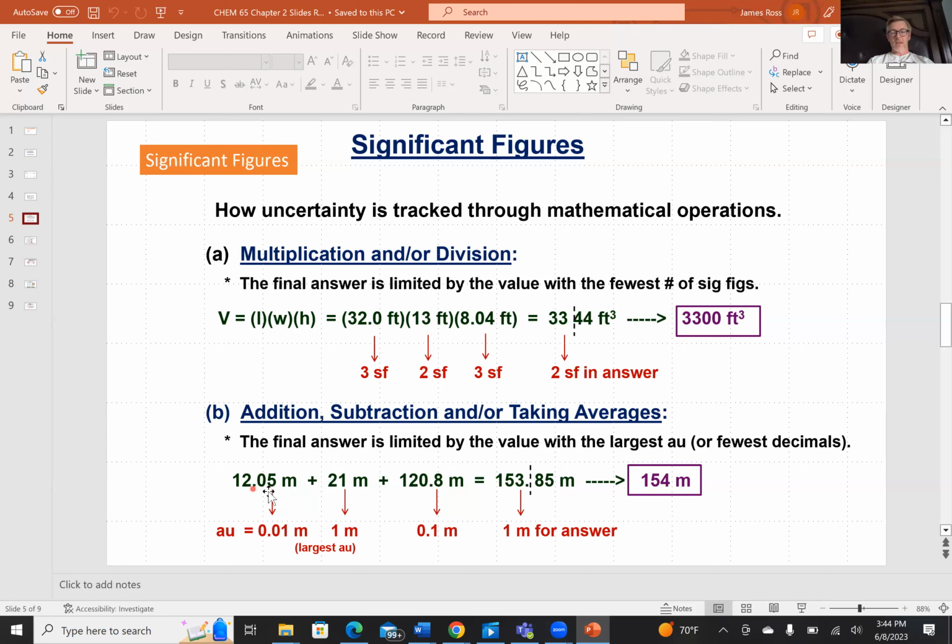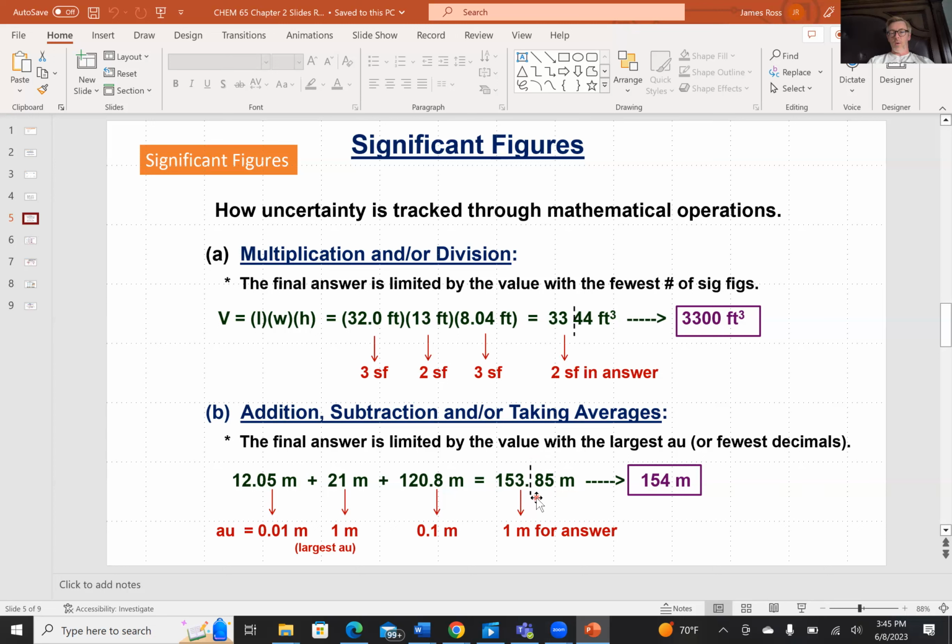We notice that the first number has 2 decimal places. The second number has 0 decimal places. The last number has 1 decimal place. So the least number of decimal places is the middle number with 0 decimal places. Therefore, when we add, we're not allowed to give any decimal places. So we add them up, we get 153.85.